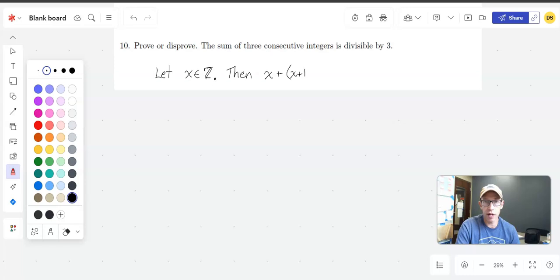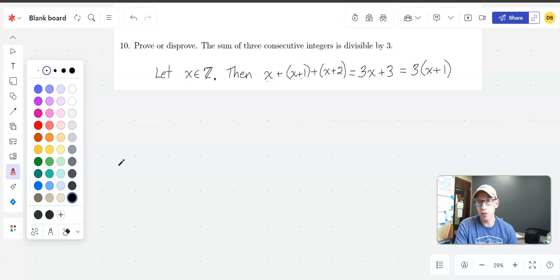So we'll take the one right above x and then the one right above that. So this is three arbitrary consecutive integers. They have to be locked in because the second one's always going to be one higher than the first, and then the third's always going to be one higher than that. And what I'm going to do is combine like terms here. So I'm going to get 3x plus 3, factor out a 3.